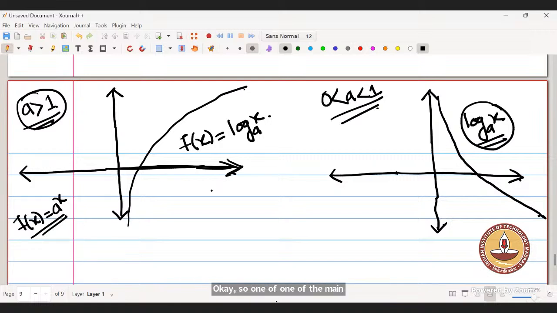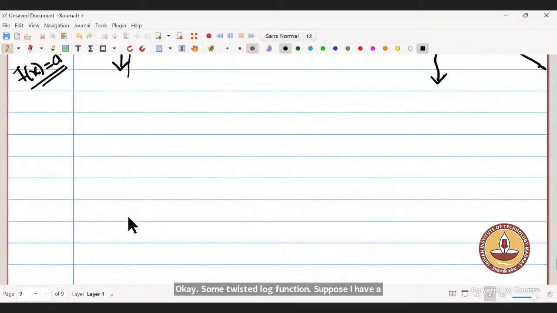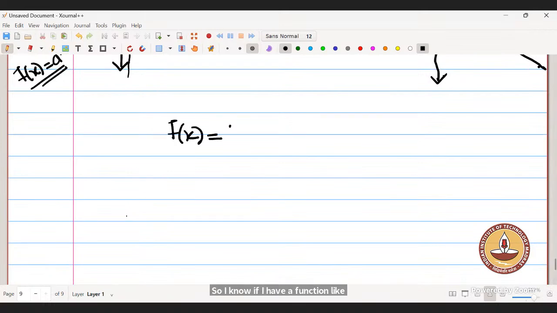Okay. So one of the main things is you need to find the domain of some twisted log function. Suppose I have a function like this, let's say f of x equal to log x.